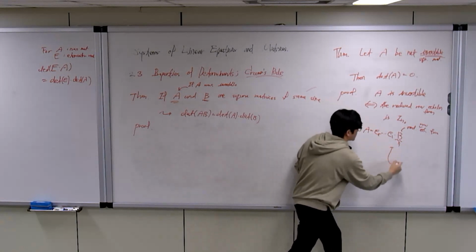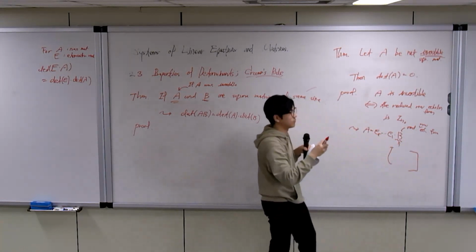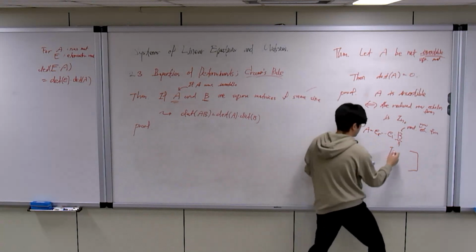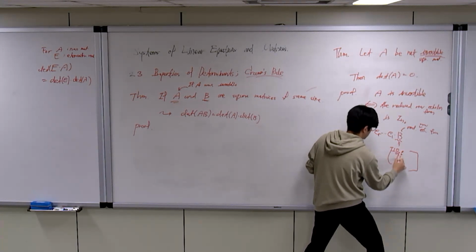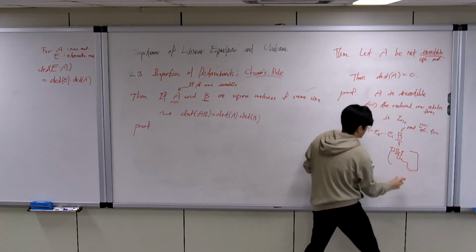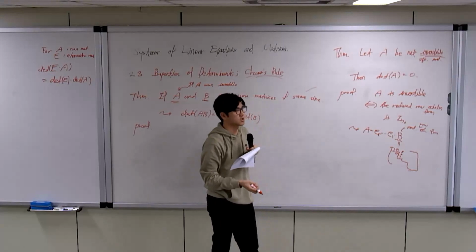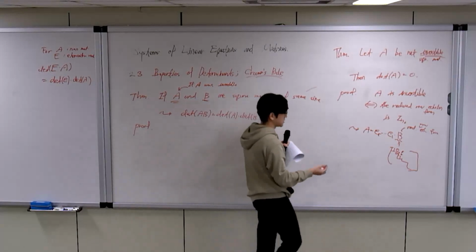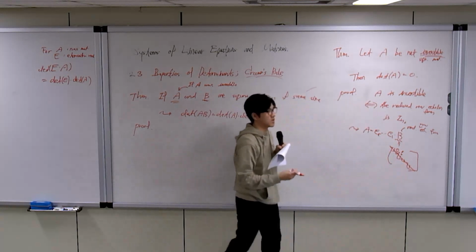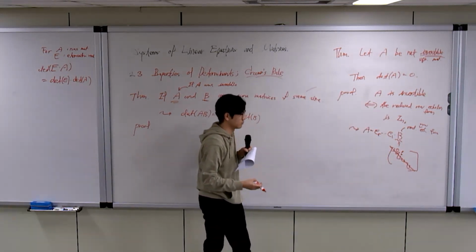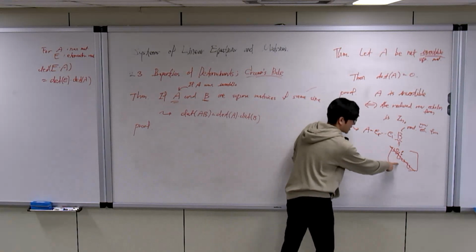It has only leading 1s and other 0 entries. This form is also upper triangular, so its determinant is the multiplication of the main diagonal entries.